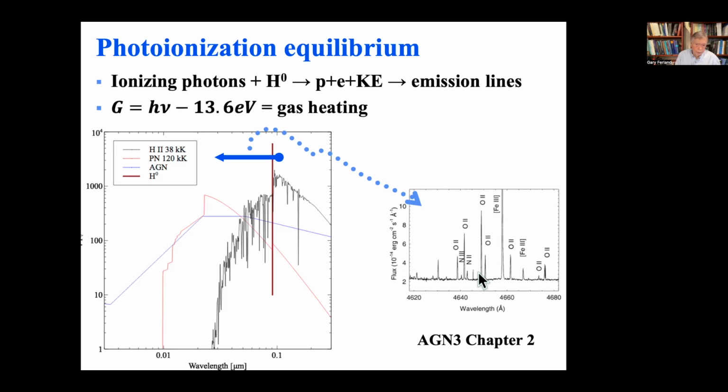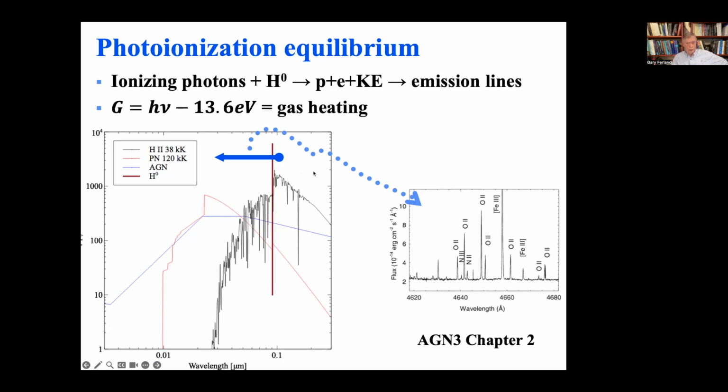What we have here in the lower left is a plot of some SEDs. The wavelength is in microns. Visible light is on the extreme right, and on the left is ionizing radiation. The red bar indicates the amount of energy needed to photoionize hydrogen, so everything to the left on this plot can photoionize hydrogen. What's shown is three SEDs that are available in Cloudy.